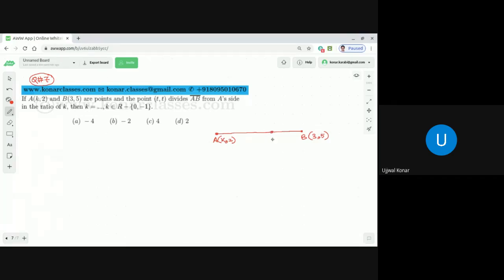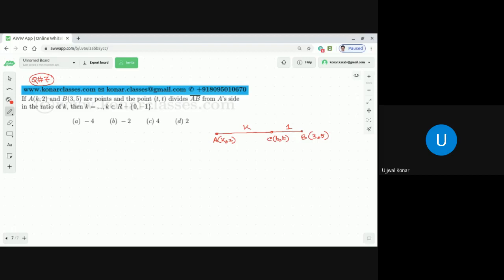Let's take the point C having coordinate (t, t), which divides the line segment AB from A side in the ratio k. That means AC is to CB is k is to 1. And we need to find the value of k.